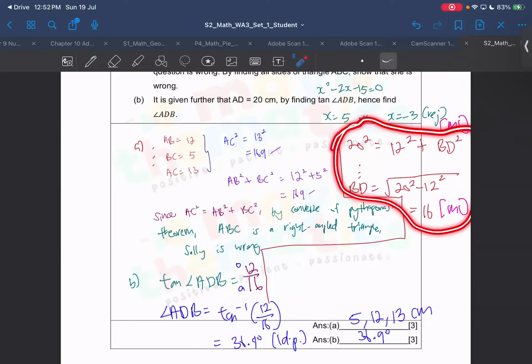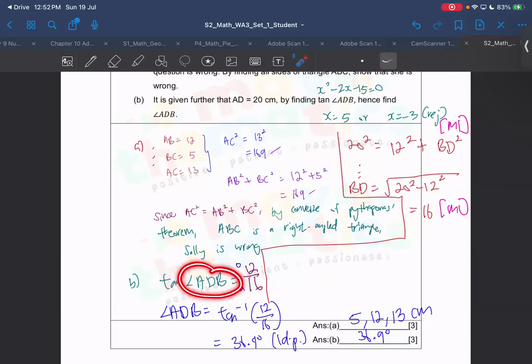Because following your train of thoughts, by right, this one comes first. But then you realize midway you need the length of BD. That's why I went to find BD. Technically if you follow the question, this should be your first step. Then maybe this one will be something you write at the side. But it's worth 2 marks, so don't write in pencil. Follow the question first, to know what to find.